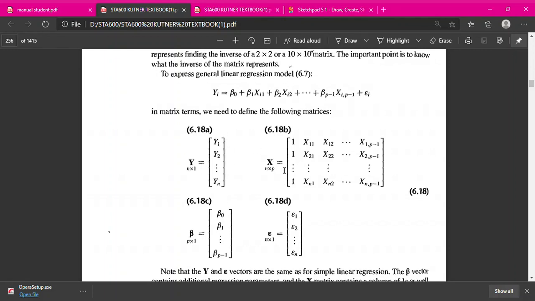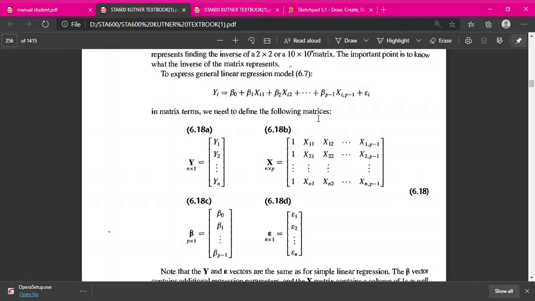And then matrix x will be the observations from the x variables. As before, we need to add another column. The first column will have the entry 1, and then the other columns will be the observations for the x variables.